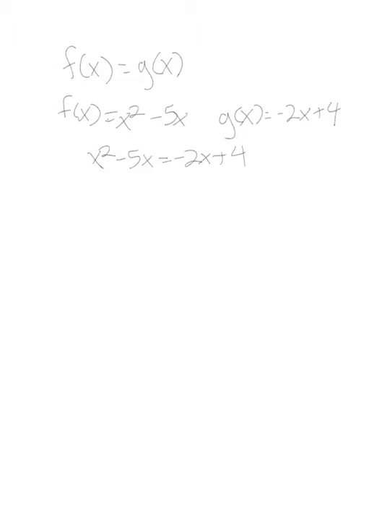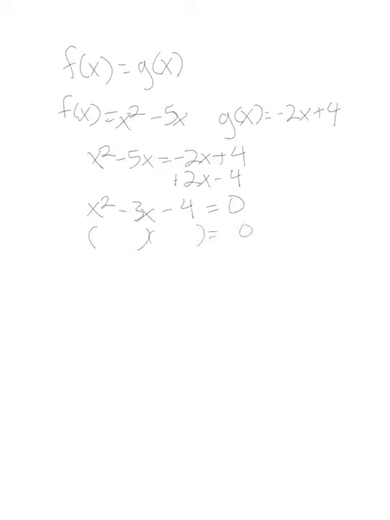We now have a quadratic in the making, so we just got to move everything to one side. This becomes x squared minus 3x minus 4. Factor now to find the zeros.